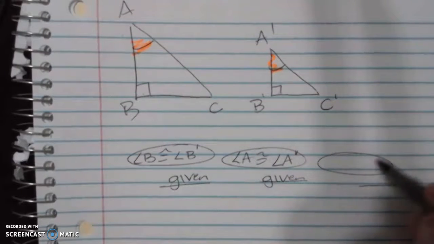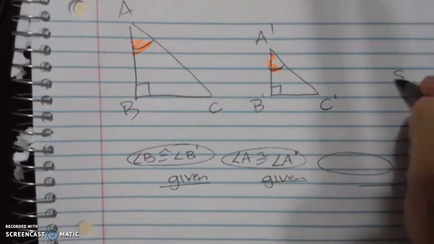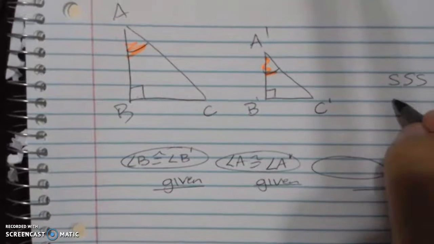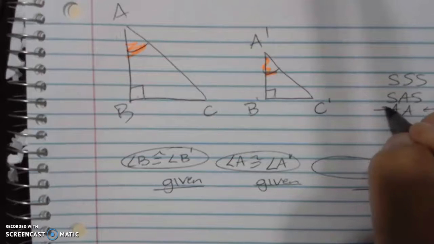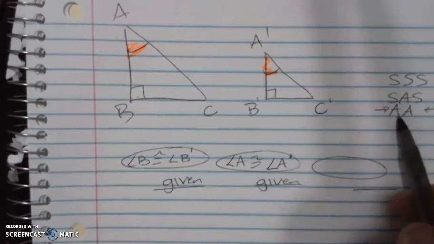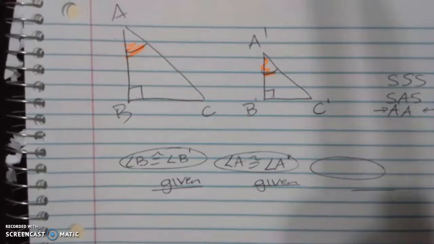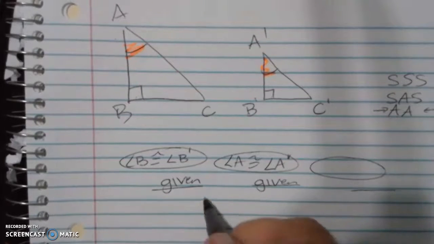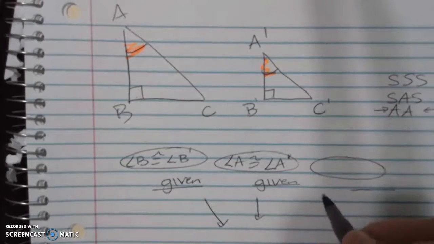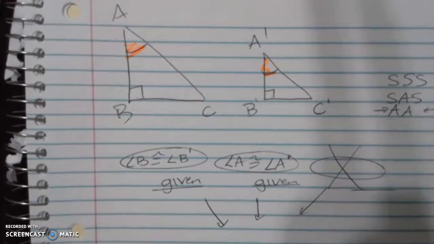And then I would need a third piece of evidence, because either you're looking for 3 sides, 2 sides and the angle between them, or there is the one special case that if you know only 2 angles are congruent, then you have enough information to say those triangles are similar. So that piece of information was not needed.